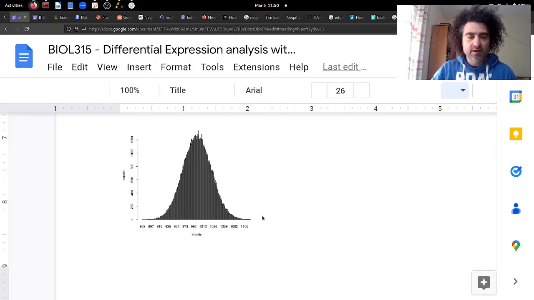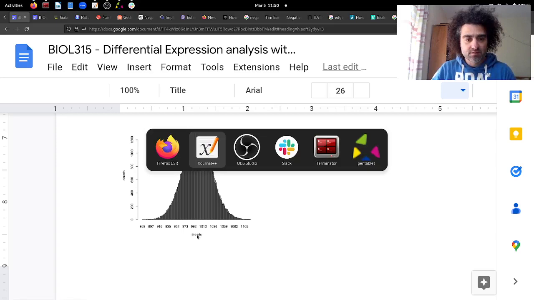So this is a realization of this Poisson distribution. You see that the mean and the mode here is at 1000, and there is some variance, and the variance here is exactly the same as the mean. Okay.